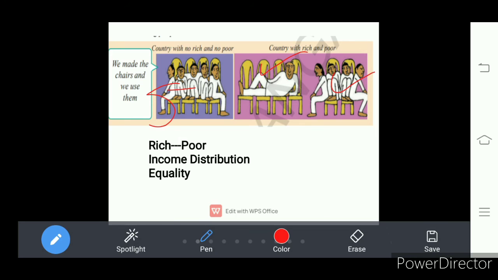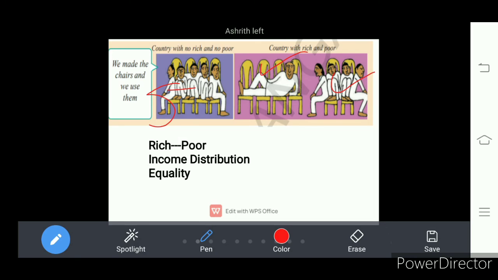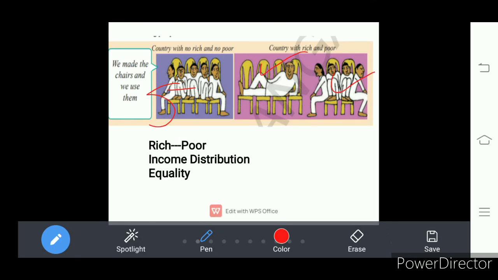It means that the facilities are enjoyed by the rich people, right? Maximum poor people are not getting the facilities. So such a nation where there is a big gap between rich and poor is not a developed nation, right? Where there is inequality, such a nation is not a developed one.